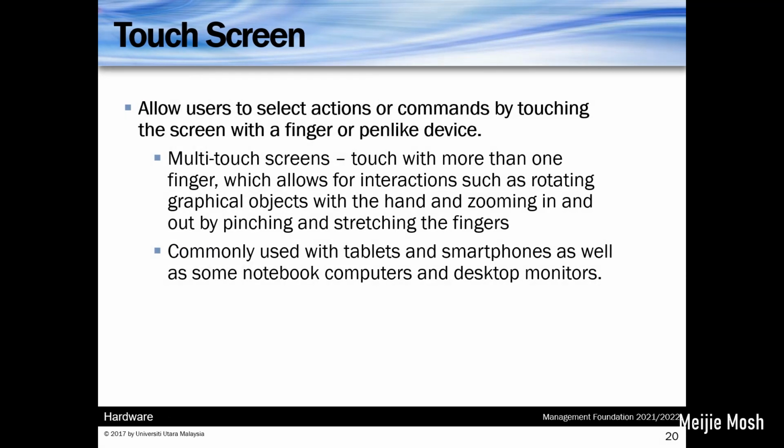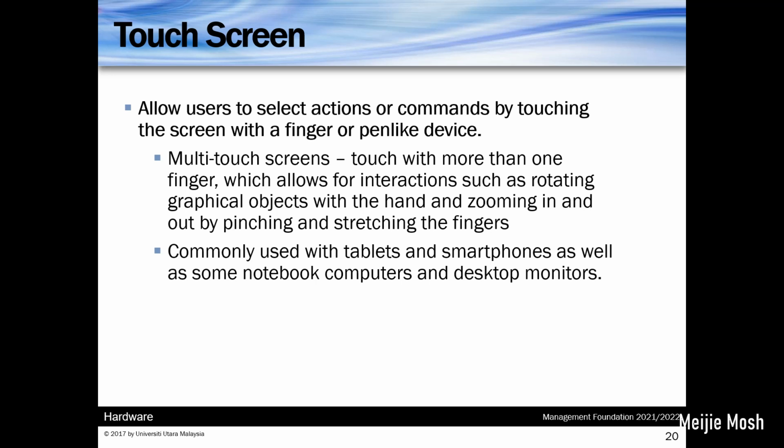A touchscreen is a display device that allows the user to interact with a computer using their finger or stylus. The stylus is a pen-like device. They are a useful alternative to a mouse or keyboard for navigating a graphical user interface.